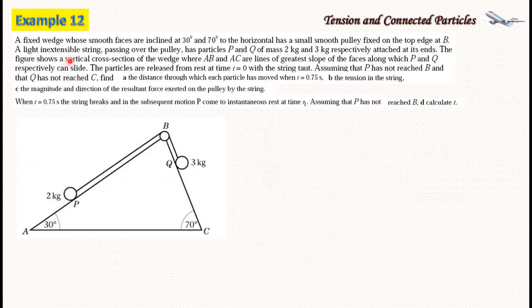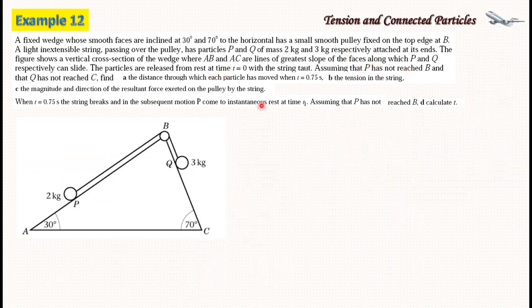The figure shows a vertical cross-section of the wedge, AB and AC, and you have been told that AB and AC are lines of greatest slope of the faces along which P and Q respectively can slide. The particles are released from rest at time t equals 0 with the string taut.